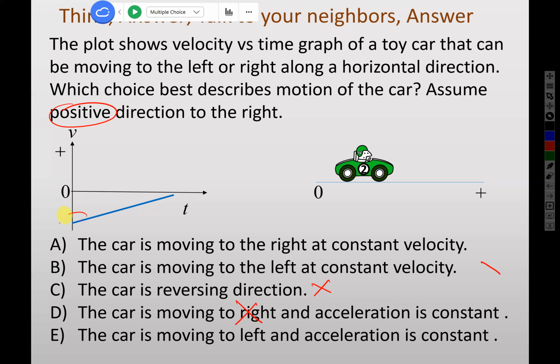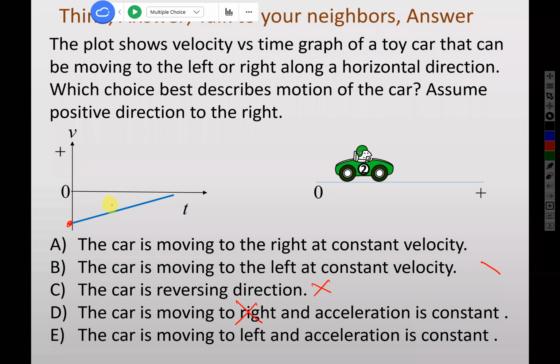It's moving to the left. Why? Velocity is always negative. It may look like it's moving to the right, but remember, this is velocity. We're not plotting position here. We are plotting velocity. It simply tells us whether the velocity is negative or positive, whether it's bigger or smaller.